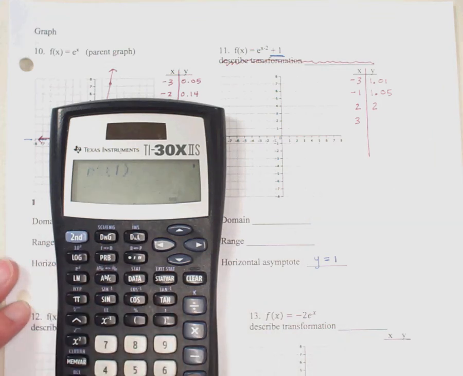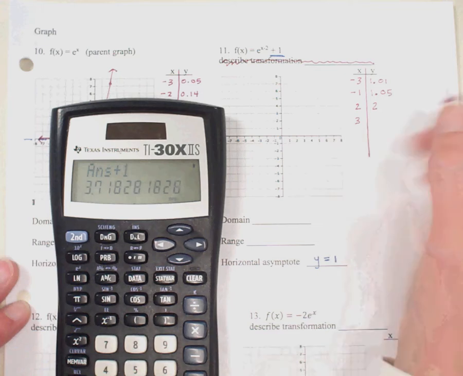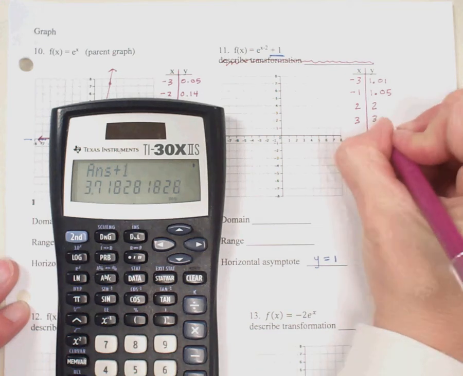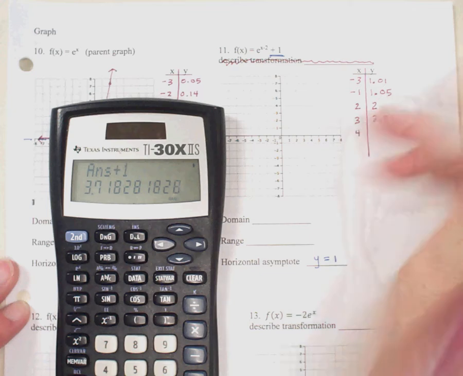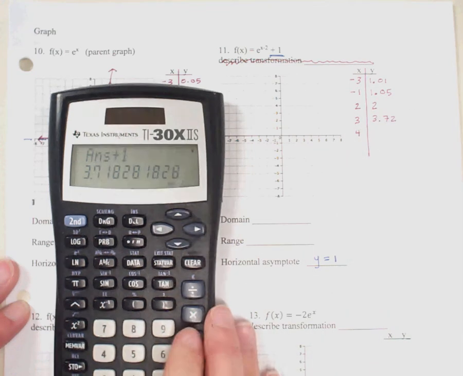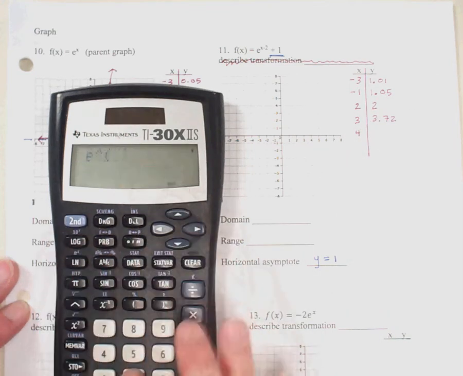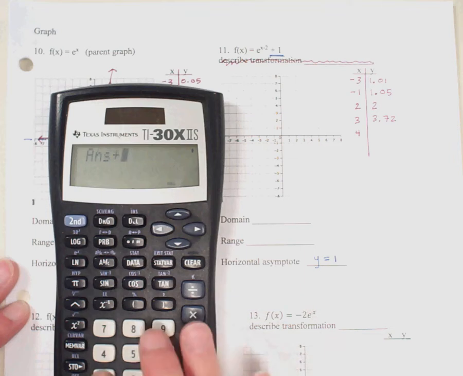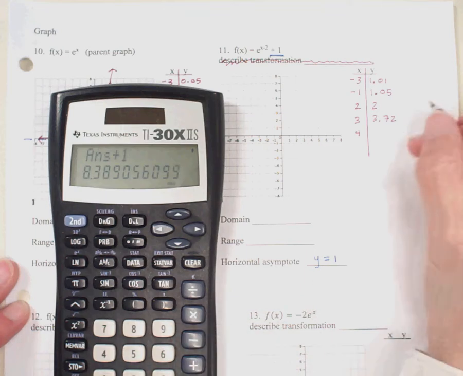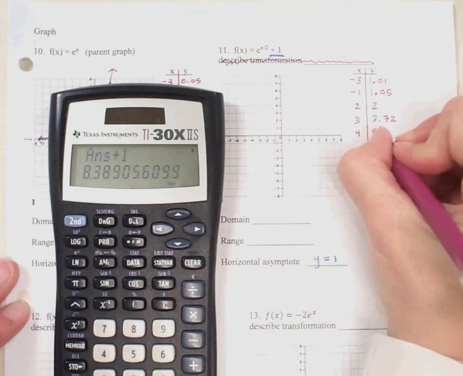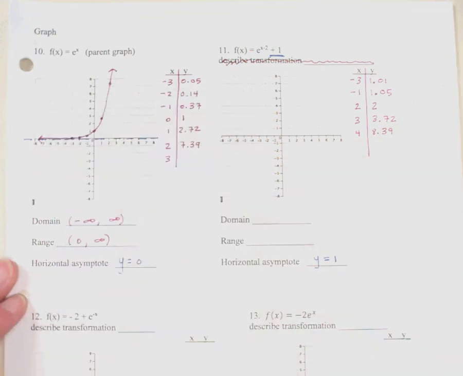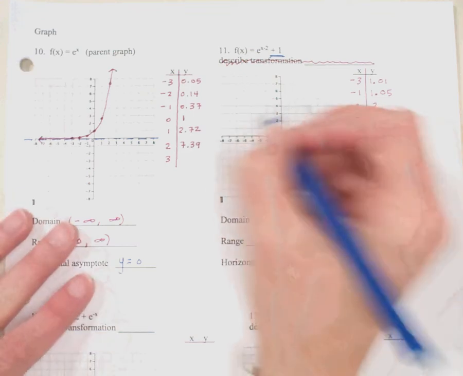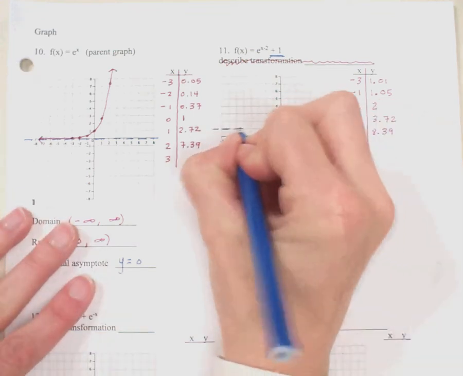I'm going to add 1 to that, and I get 3.72. If I plug in 4, 4 minus 2 is 2, so I have e to the 2nd power, add 1 to that, and I get 8.39, and it looks like I can stop there because the next number is going to be off the charts. So horizontal asymptote at y equals 1.